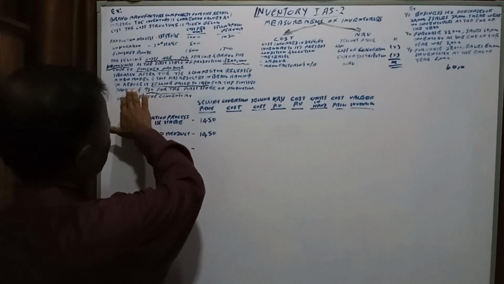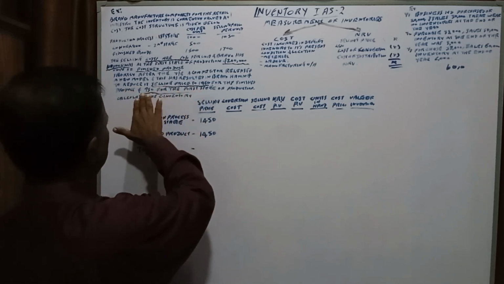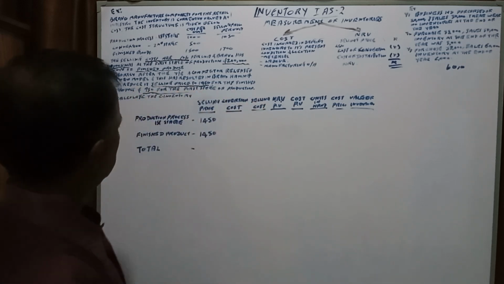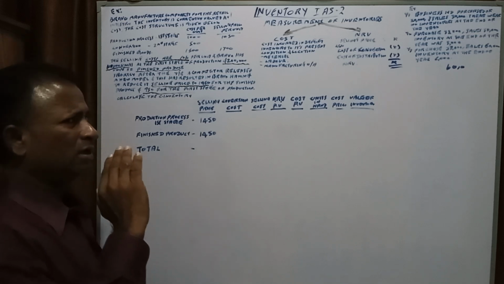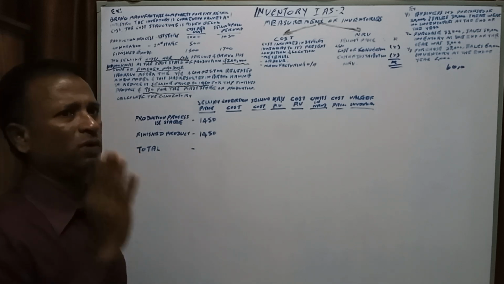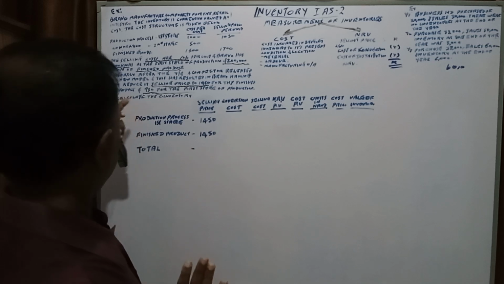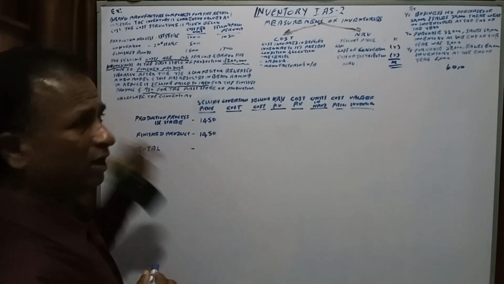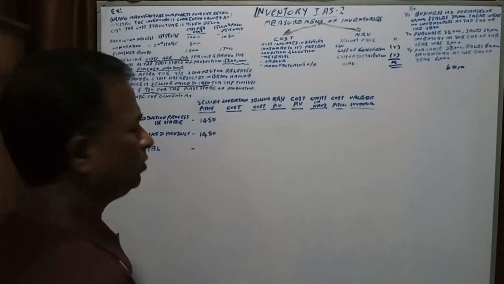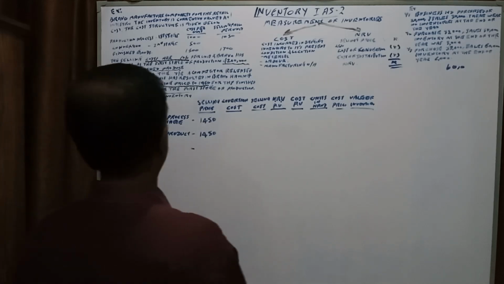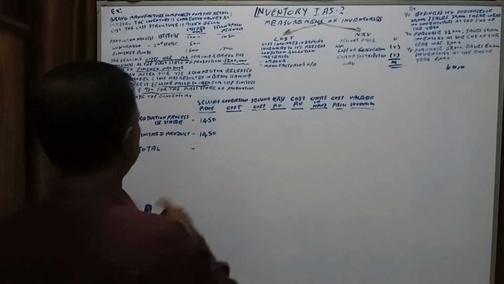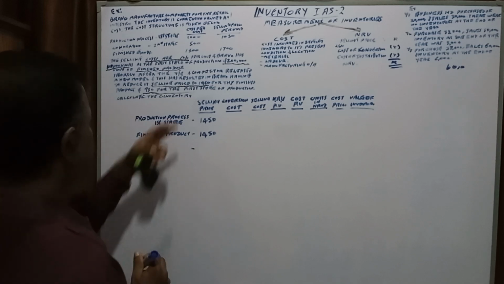This 950 is immaterial, just ignore it, because we are going to calculate from the net realizable value at the end of the product. The end of the product is the final product. From that only we are going to do the calculations.